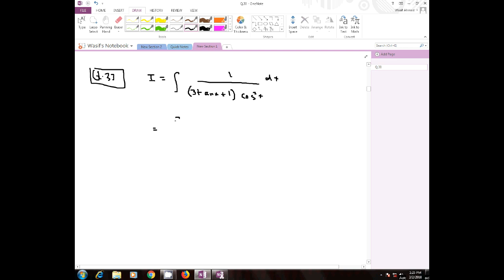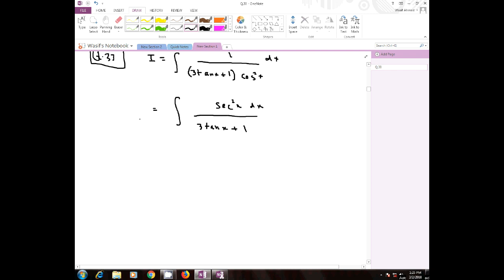So this can also be written as secant square x dx divided by 3 tan x plus 1, because 1 divided by cos square x is secant square x.